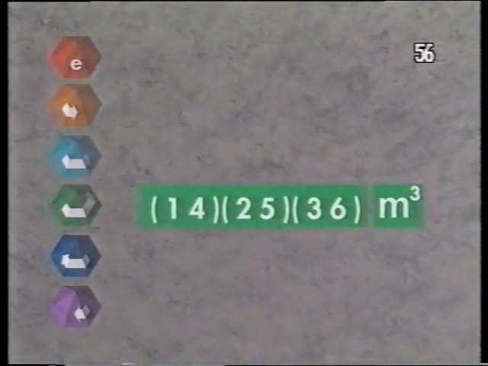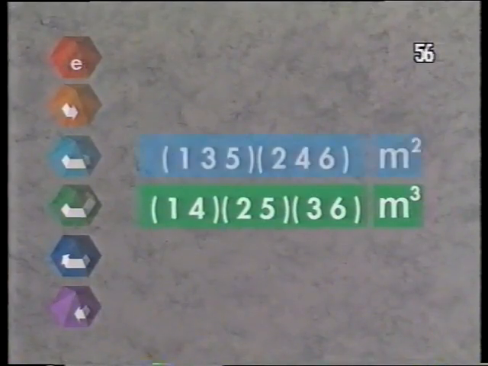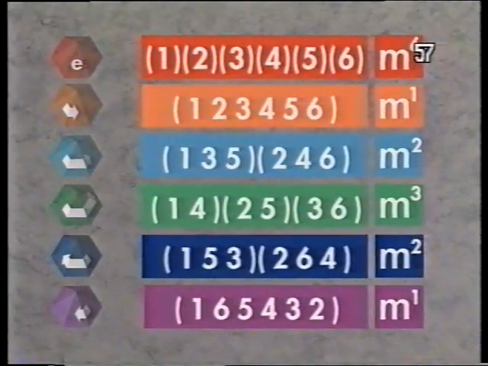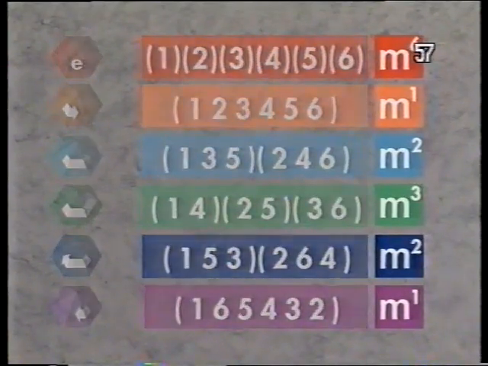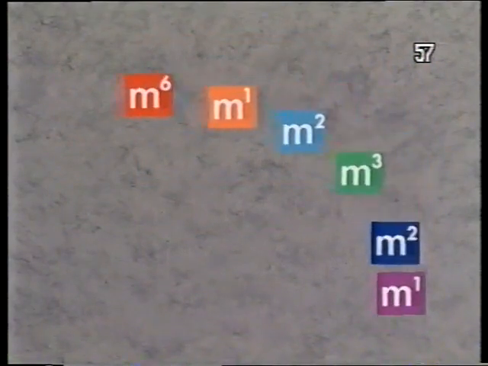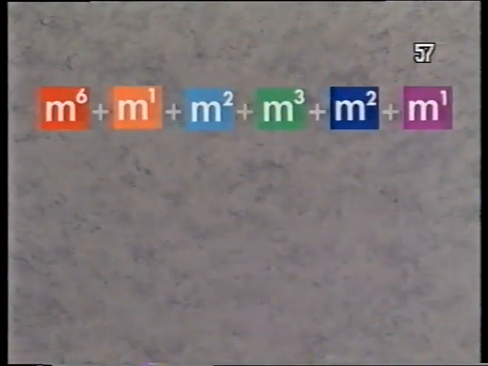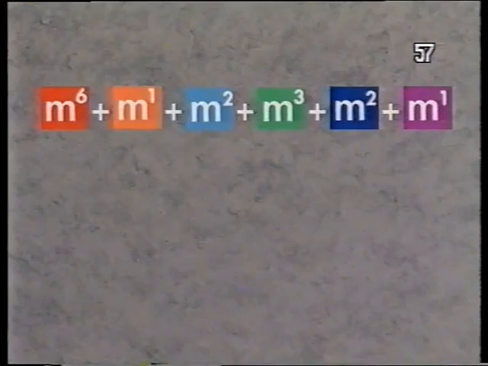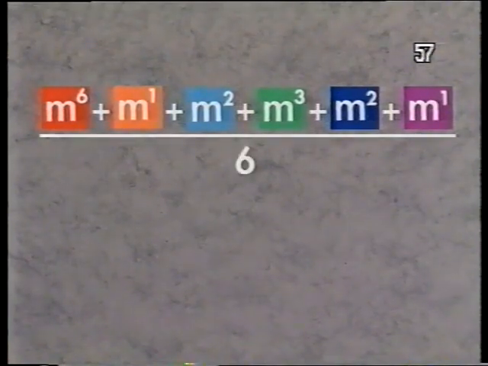In fact, where before we had 2 raised to a certain power, we now have m raised to the same power. This power is the number of cycles in the symmetry. The same thing happens for all the other symmetries in the group. And now we can work out the number of orbits for m colours. We add up the sizes of the fixed sets for each symmetry and then divide by the order of the group.